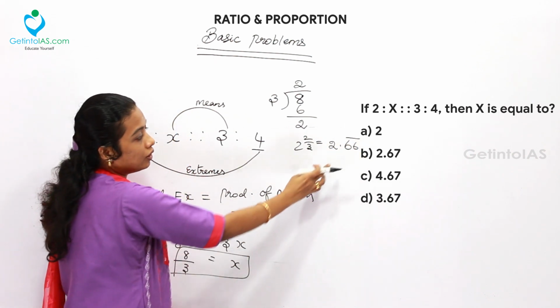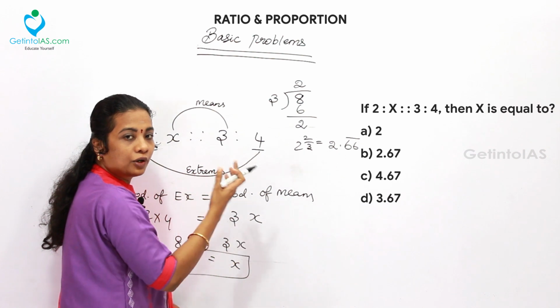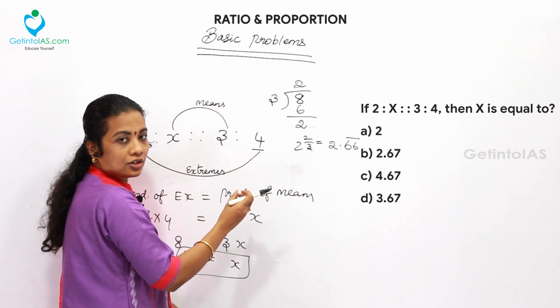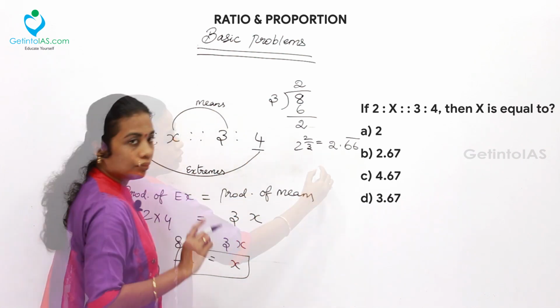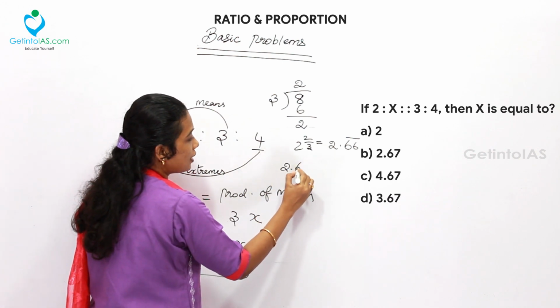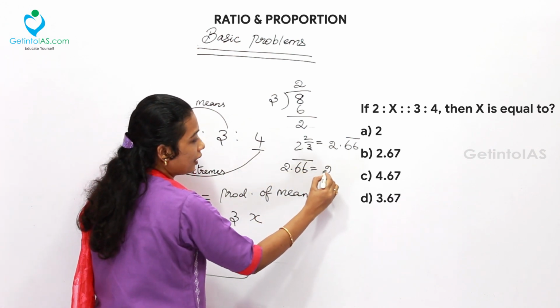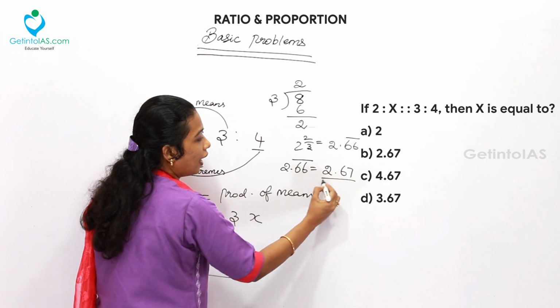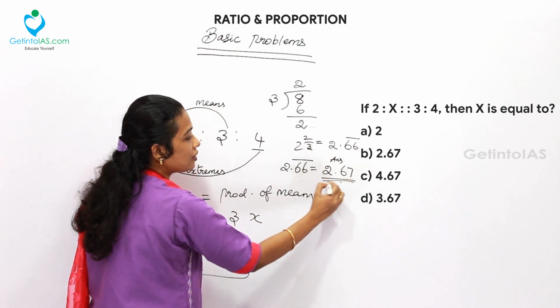For these tricks, you can follow the previous video on percentages, intro to percentages. Finally, 2.66 recurring can be taken as 2.67 and this is the final answer.